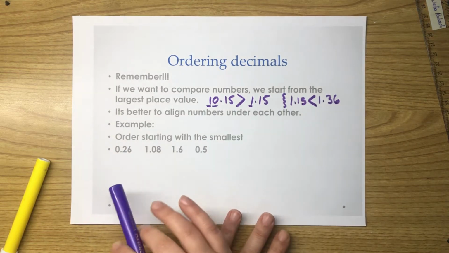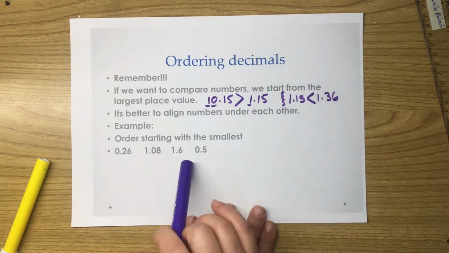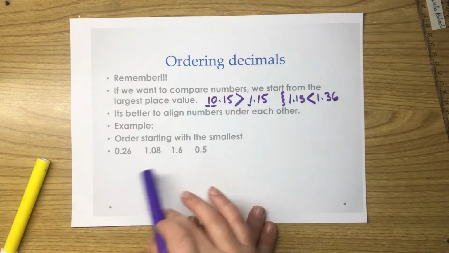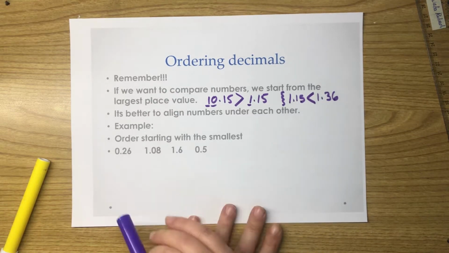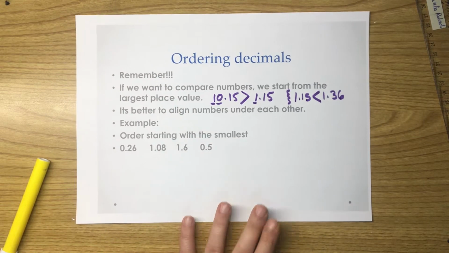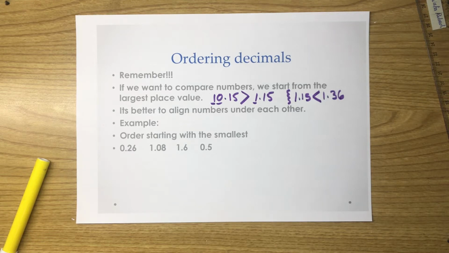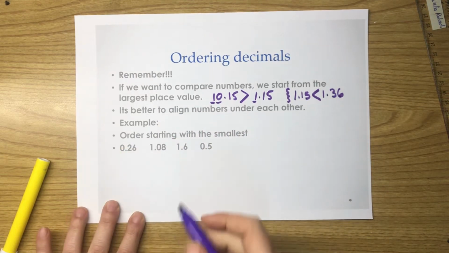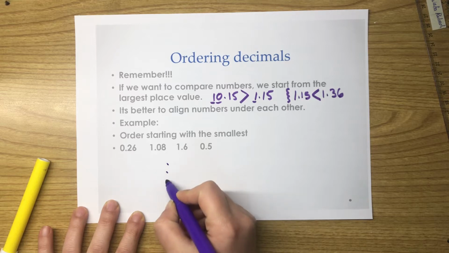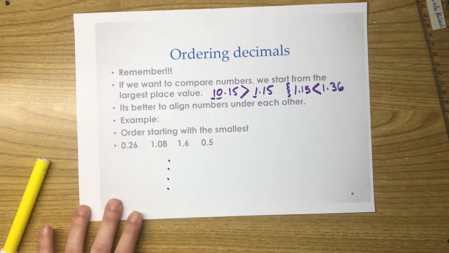I always prefer, when you want to compare these numbers with each other, to just write them down. I always start by putting 1, 2, 3, 4, that means 1, 2, 3, 4 decimal places.